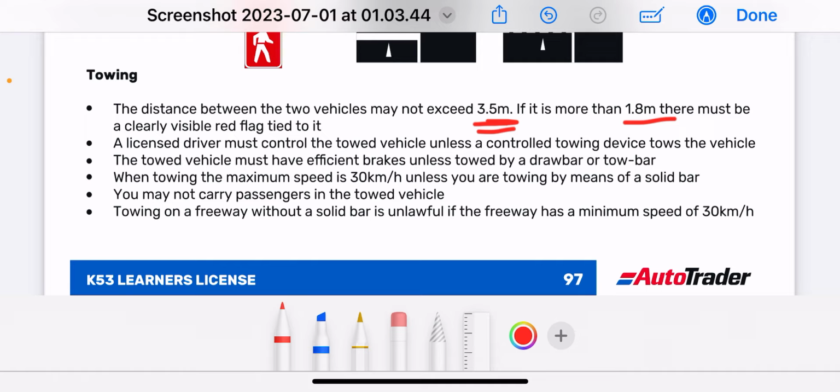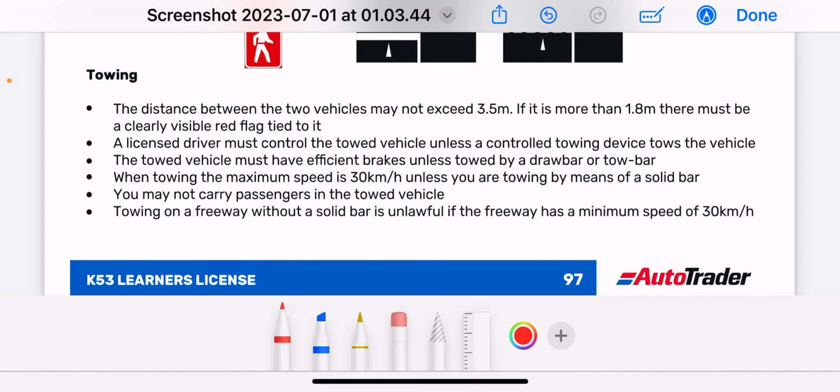A licensed driver must control the towed vehicle unless a controlled towing device tows the vehicle. So someone who should control the car which is being towed should be someone with a driver's license. Okay.